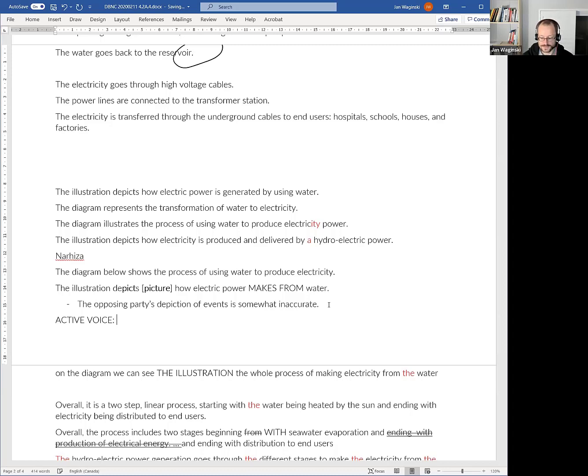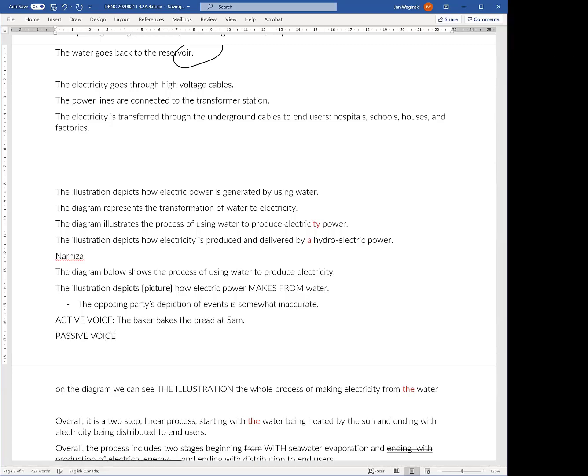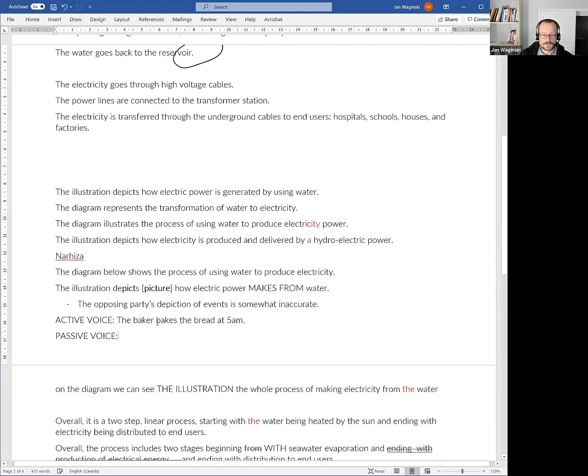So active voice, I'll give you a simple classic sentence: The baker bakes the bread at 5 a.m. And this is a baby sentence, right? Because who bakes bread? Only bakers, right? So passive voice is really appropriate when... The bread bakes by the baker.